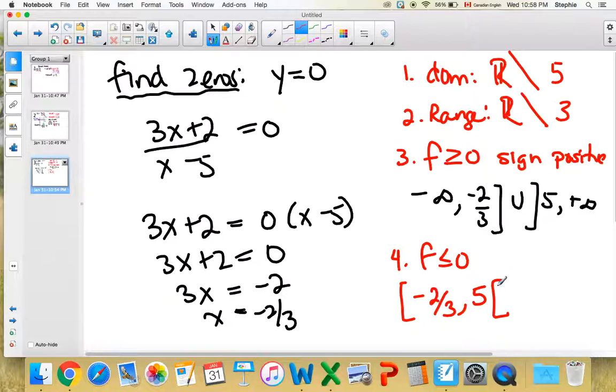Okay, so that's pretty much it, and we don't have anything else except for the variation. The variation we said was always decreasing.